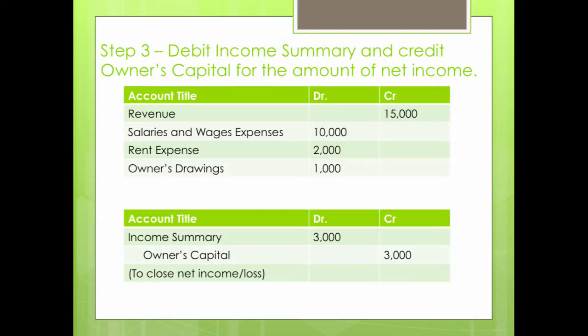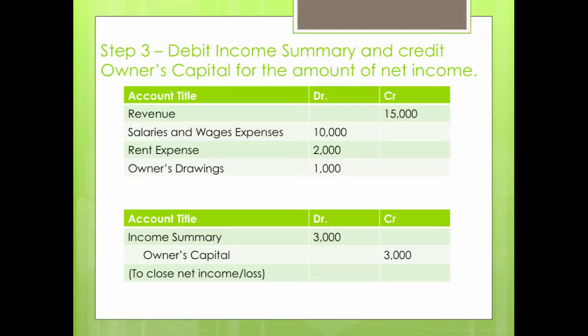The third step is to debit income summary and credit owner's capital for the amount of net income. So first of all, we need to remember what net income is. Net income is determined by taking the revenues and deducting the expenses from the revenues.